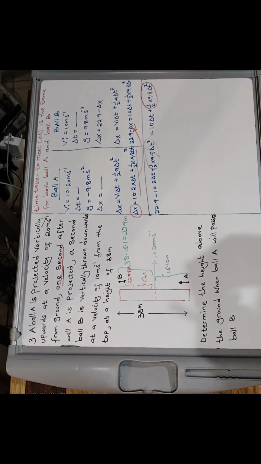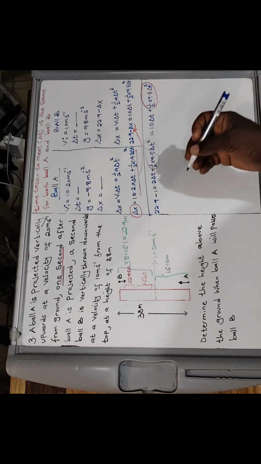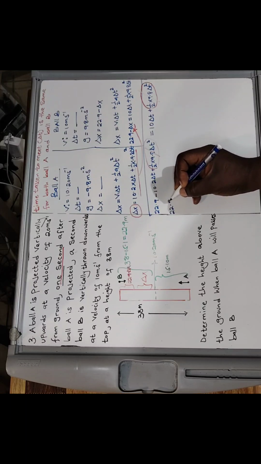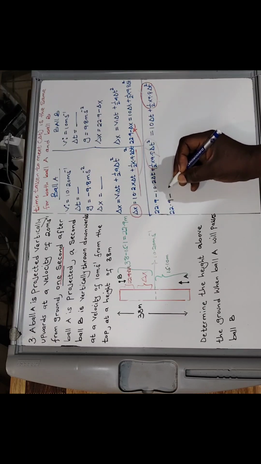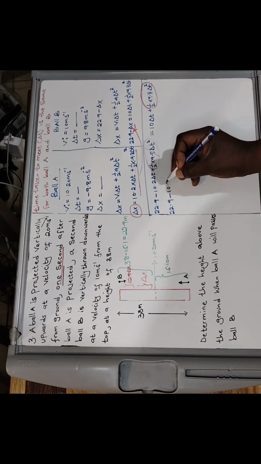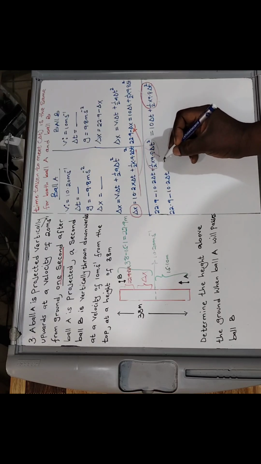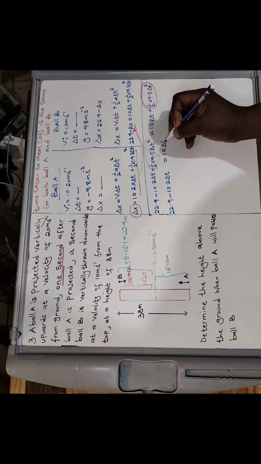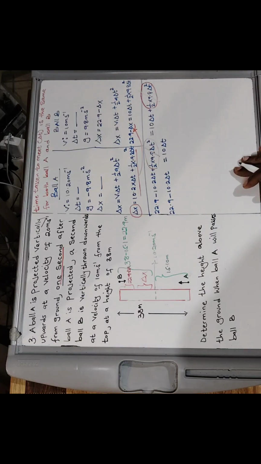Okay, so when they are out, what do we remain with? It's going to be 22.9 minus 10.2 delta t, giving you 10 delta t. It is as simple as that now.